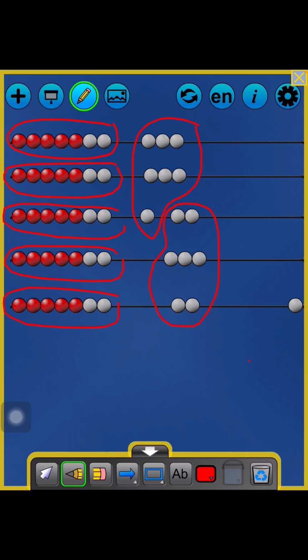Therefore there are 7 groups of 7, which means there can be 7 boys and each boy can get 7 candies. So 7 times 7 equals 49.